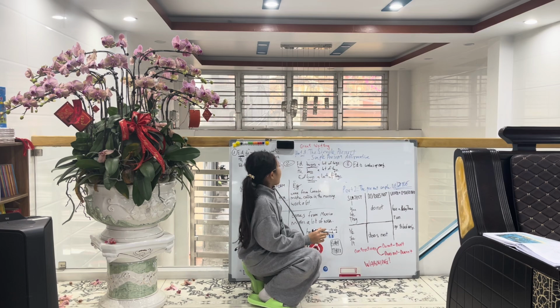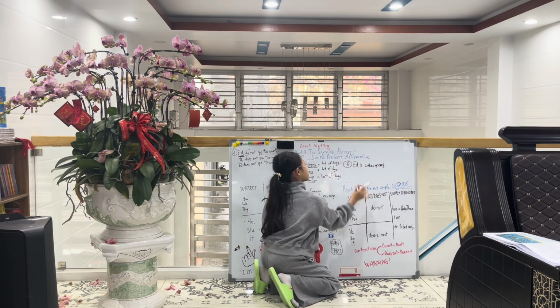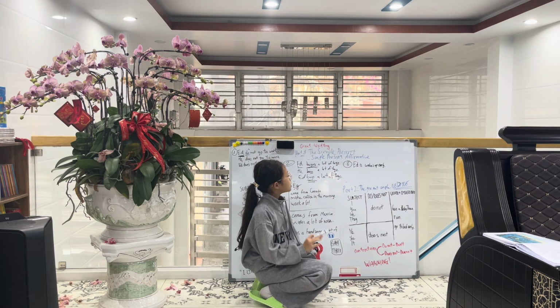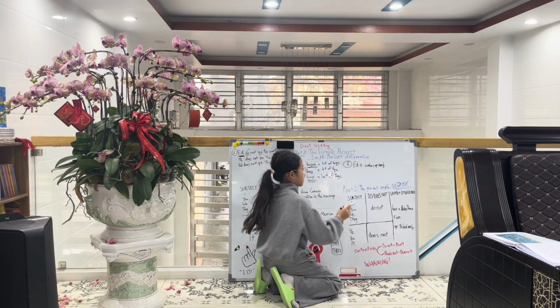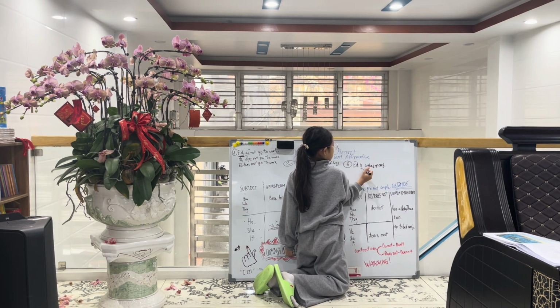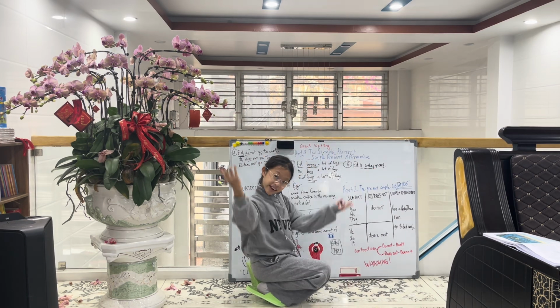Number 3. What is the mistake here? Anybody can tell me? Raise your hand. Look, as the verb form, we already have the verb with the S form. Is correct, right?